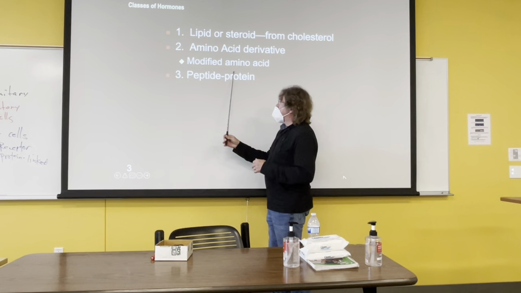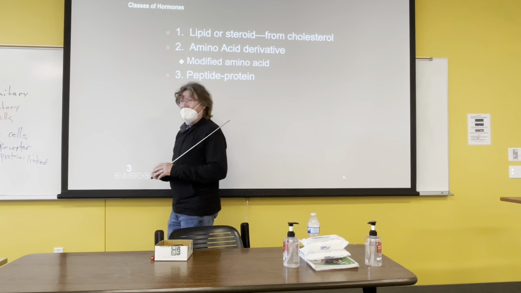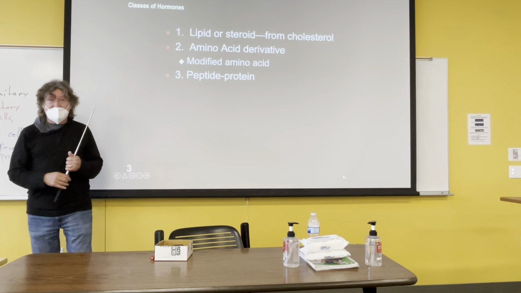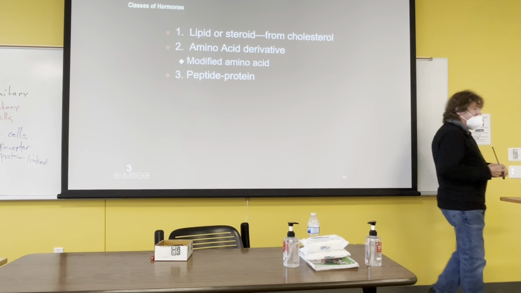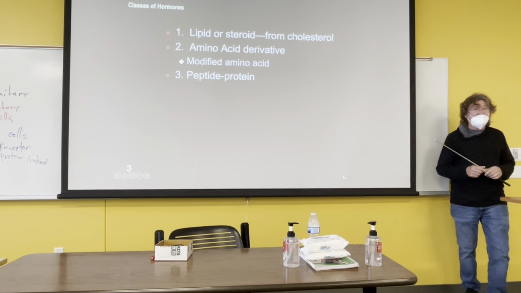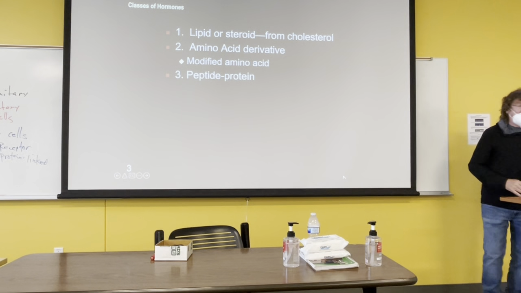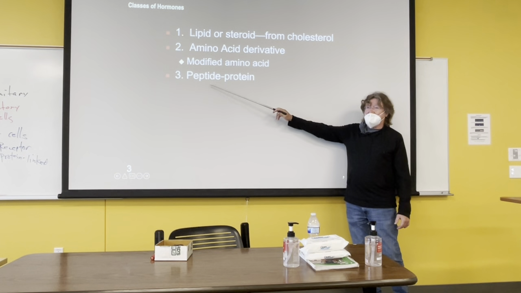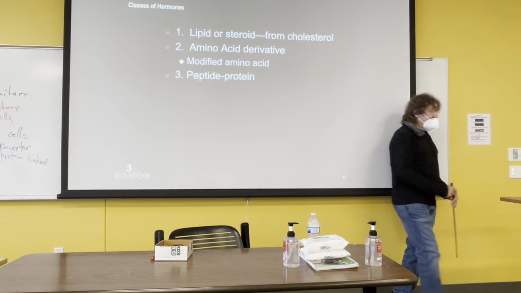Some of these amino acid hormones are amino acids that are not incorporated into proteins, okay? Some of these are peptides or short proteins, okay? We have some of them as well. ADH happens to be a short peptide. When I say peptide, usually I'm talking about a string of amino acids that are somewhere less than 10 amino acid residues or so.